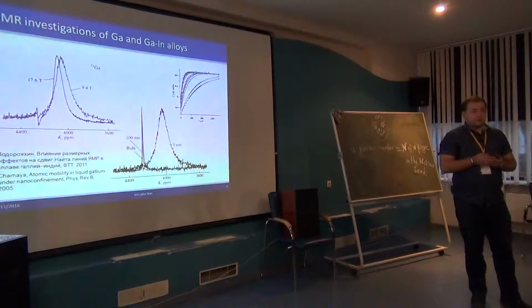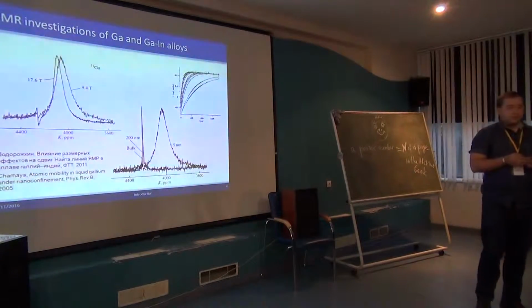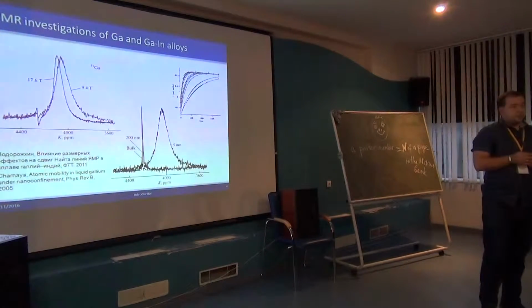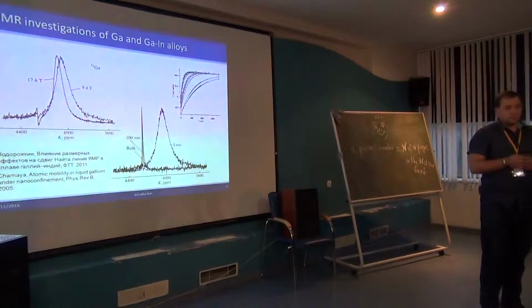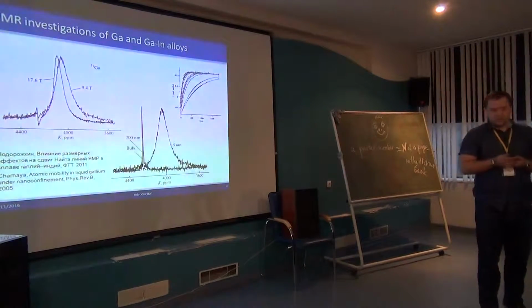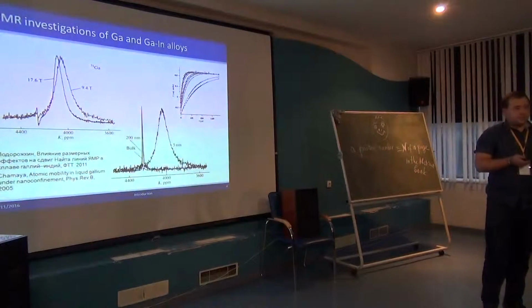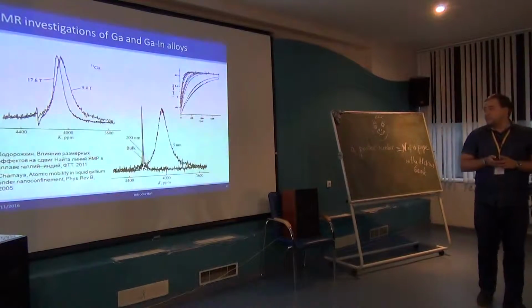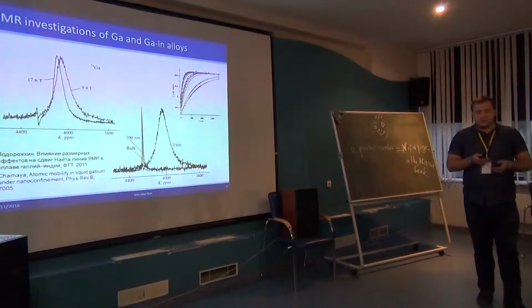That happens because we should introduce a liquid metal into porous glasses, which have not very high melting temperature. So the melting temperature of the metal should be less than the melting point of these silica matrices.